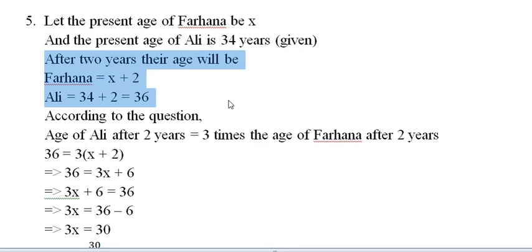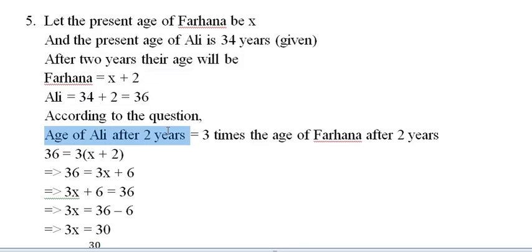Now we have to frame the equation. For framing the equation, you have to follow the question. The question is telling you that the age of Ali after 2 years equals 3 times the age of Farhana after 2 years.